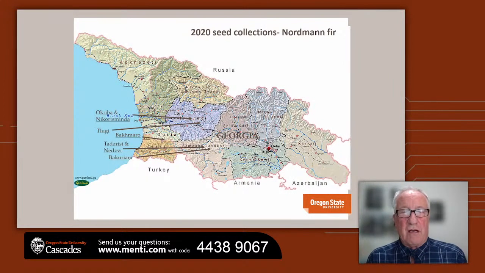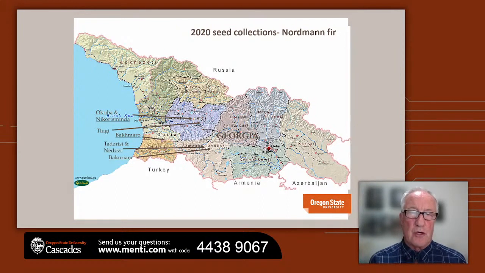Another collection that just was started in 2020 is we went over to Georgia to do the same type of collection trip. So we identified a number of different areas in Georgia where Nordmann fir grows commonly. We've collected seed there, and we've brought it back to the US to start some seed orchards.